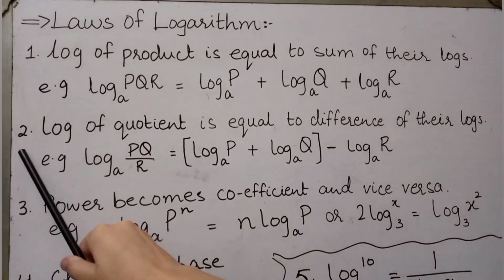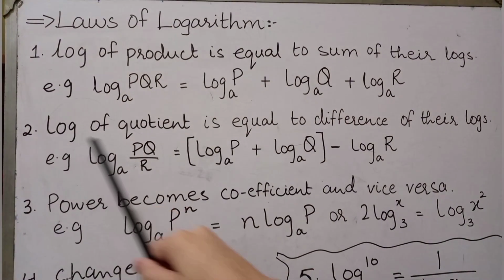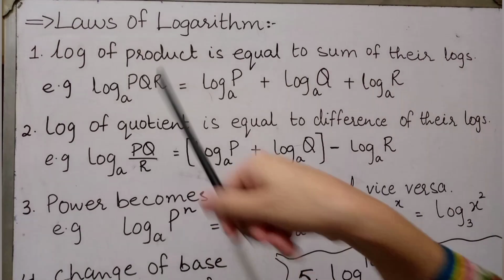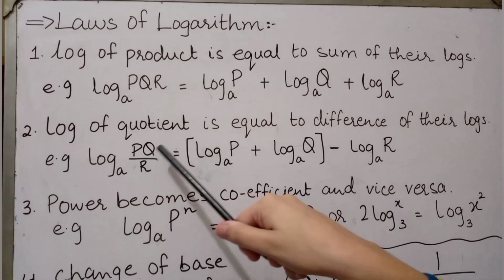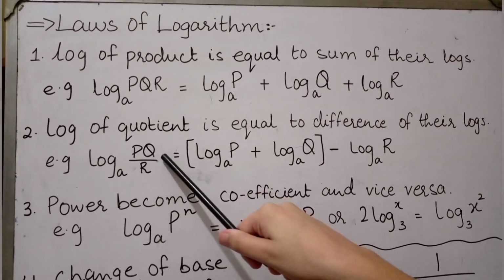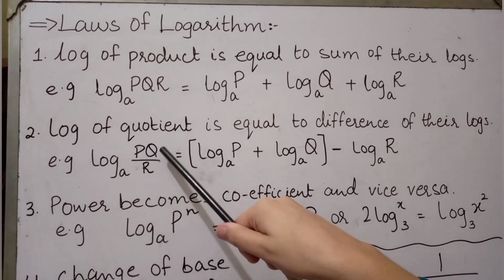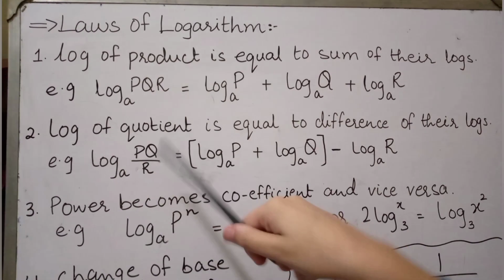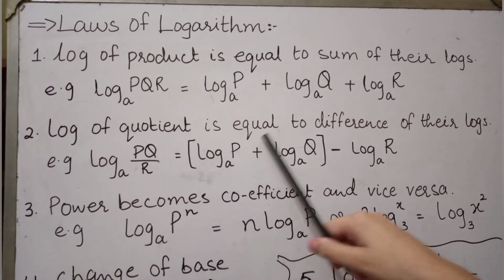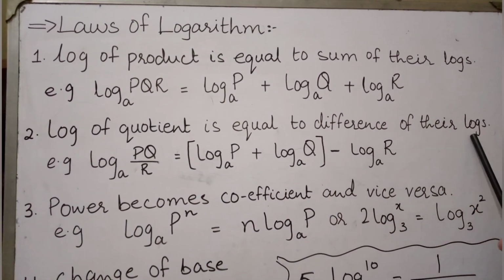First law. Second law, log of a quotient. When something is divided, like for example PQ, P multiplied by Q, this is the product, and it is divided by R, so this is the quotient. Log of a quotient is equal to the difference of their logs.